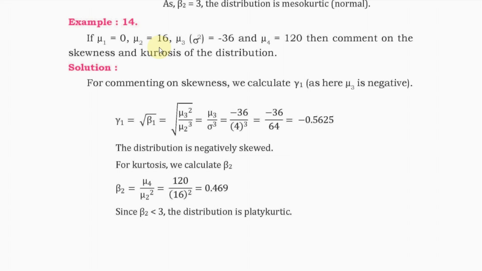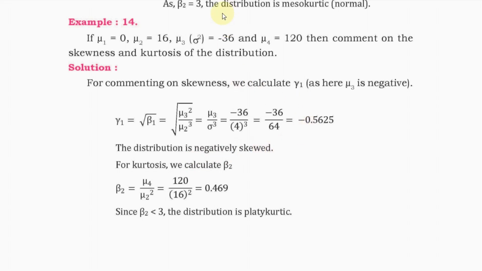So if sigma square is 16, then sigma will be 4. So 4 cube, so minus 36 divided by 4 cube, which is minus 36 divided by 64, which in turn results in minus 0.5625. Therefore, the distribution is negatively skewed, since the answer is a negative number.